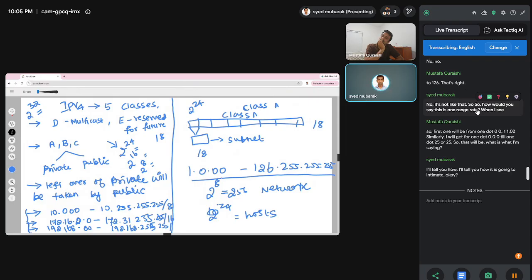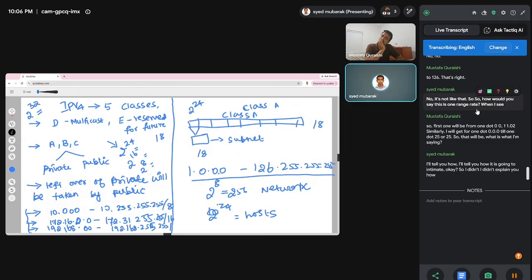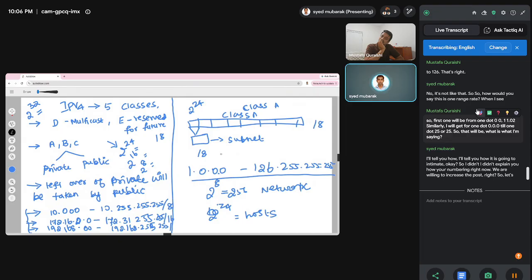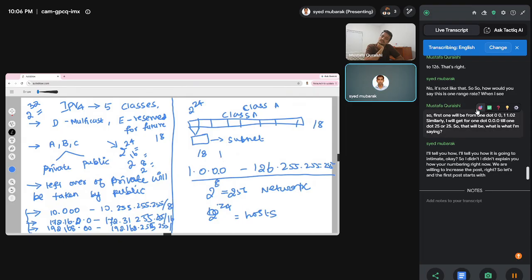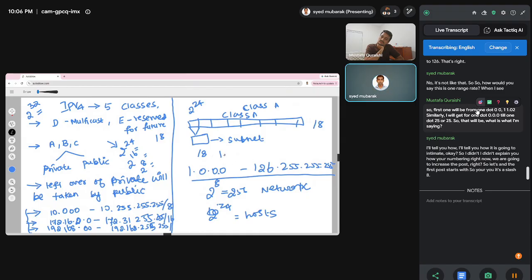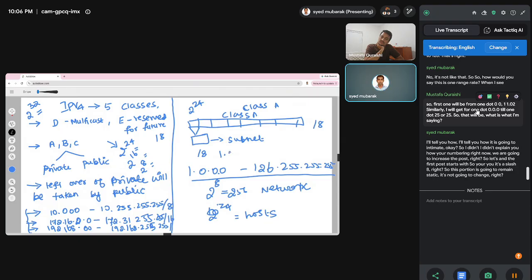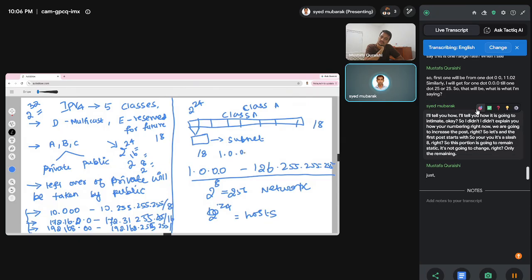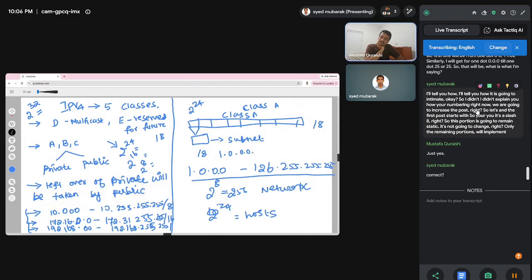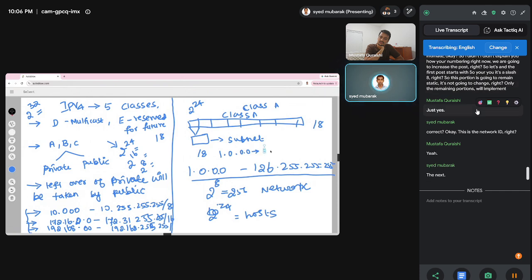I didn't explain how you are numbering, how you are going to increase the host. So let's start. It's a /8, right? So this portion is going to remain static. It's not going to change, correct? Only the remaining portions will increment. This is the network ID, right? The next available host is 1.0.0.1.